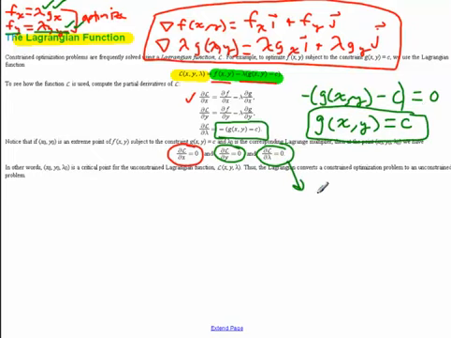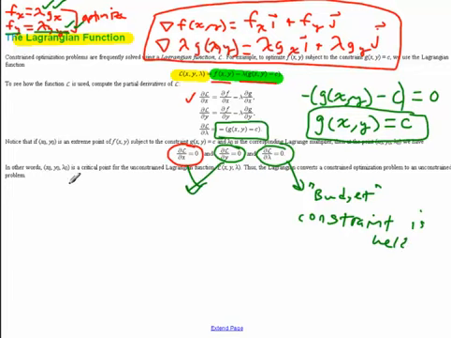So this is just saying that our budget, or rather our constraint, is held. And these two are forcing that the gradient of f equals lambda gradient of g.